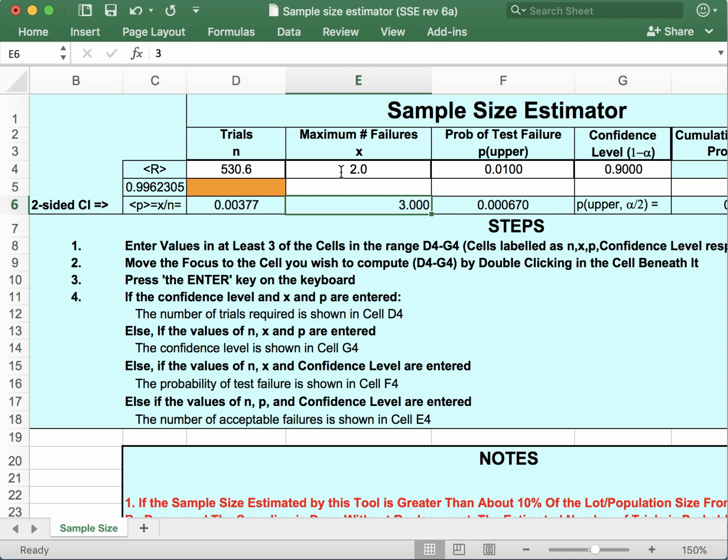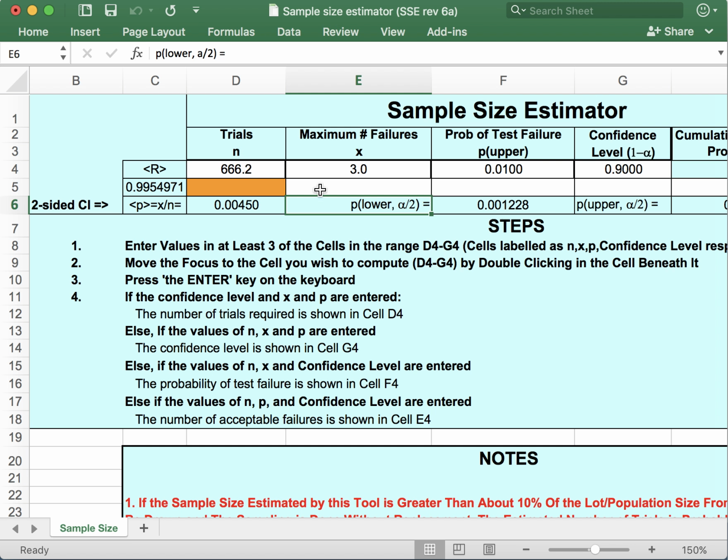We can put different values in and continue to look at, given the confidence level and the probability of failure, the combinations of number of allowable failures and the number of samples needed, okay?